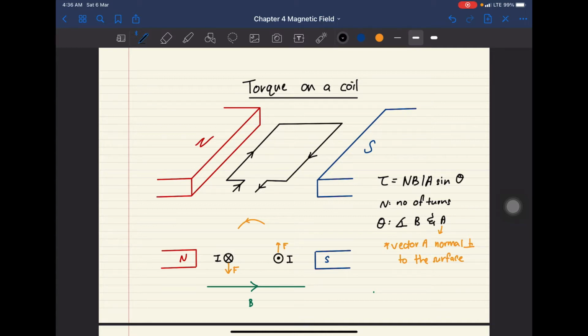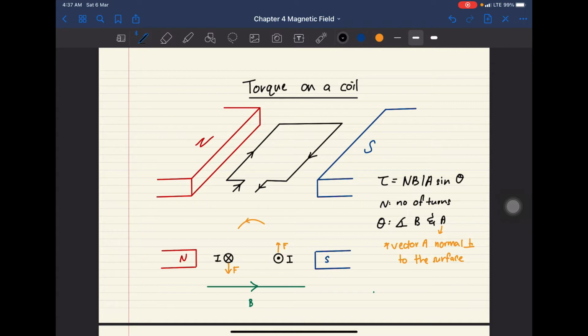So in this subtopic, we basically apply force on a current carrying conductor, but now the object turns, it will rotate.